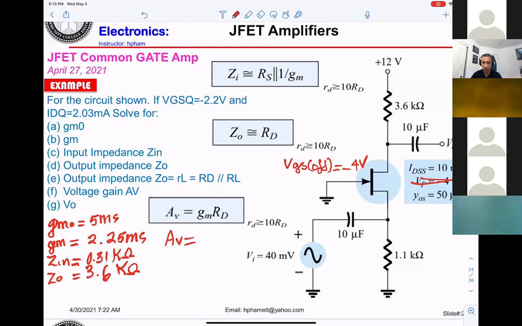Perfect. I got 324 millivolts for Vout. Yes.